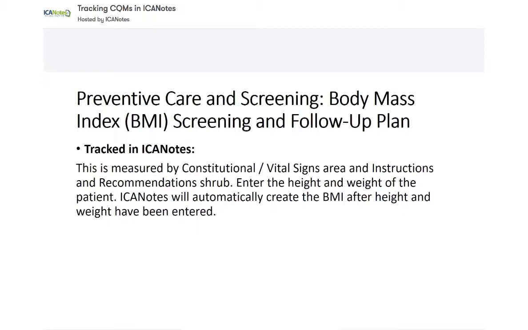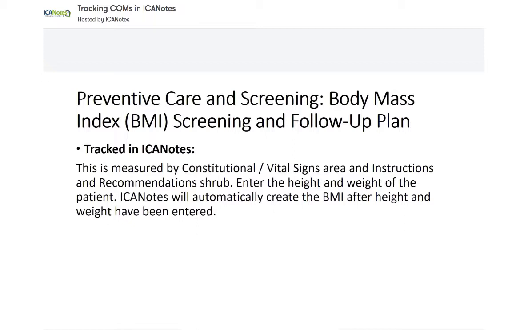Now, the normal parameters, again, were 18 years of age and older with a BMI above 18.5. And that denominator statement equals the initial population. The only exclusions, and there are a couple, are a patient who's pregnant, patients who receive palliative care, and patients who refuse measure of height or weight or refuse follow-up.